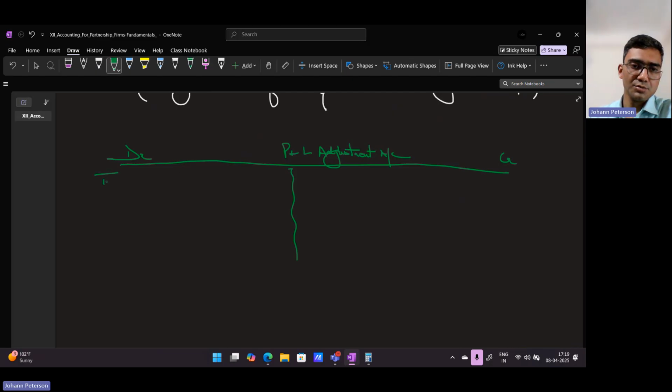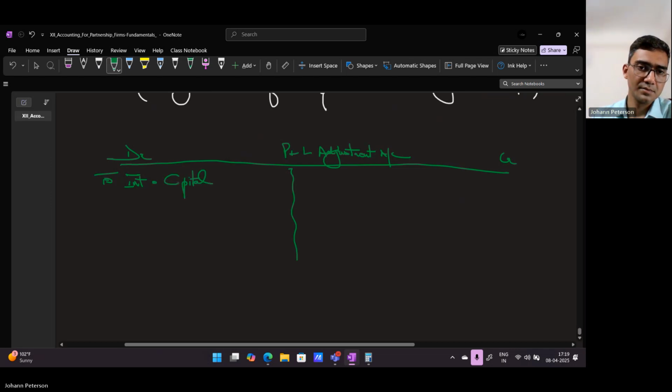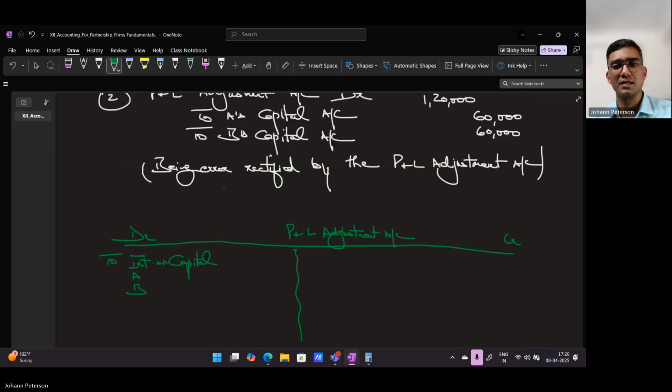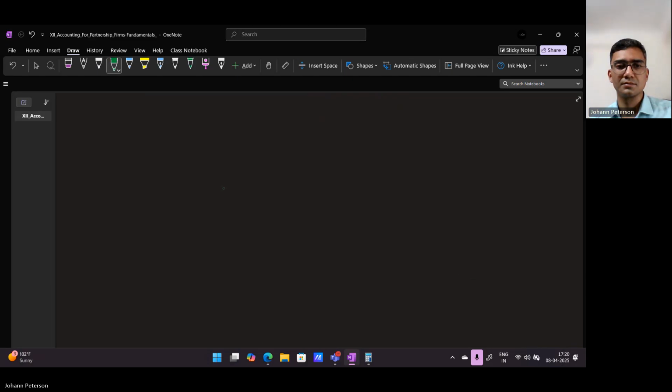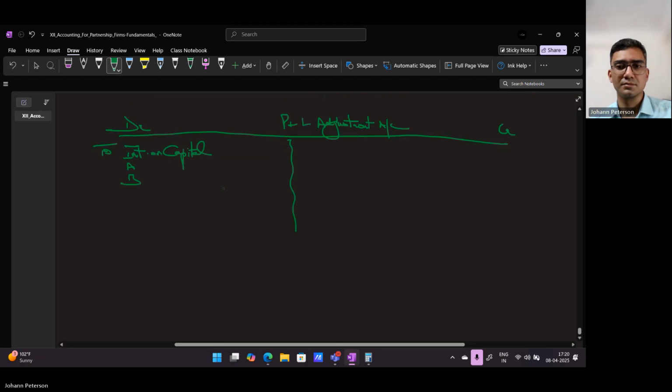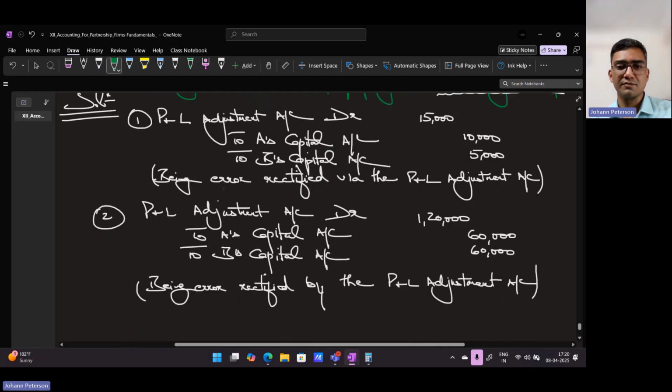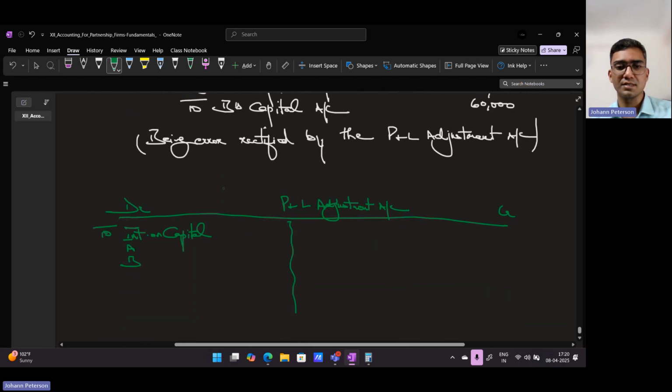On the debit side, I'm going to show interest on capital, A and B. The amount was 10 and 5, and similarly salary was 60 each.